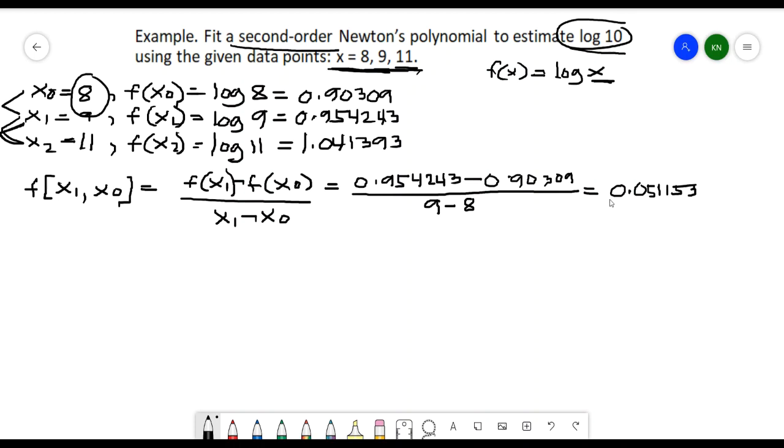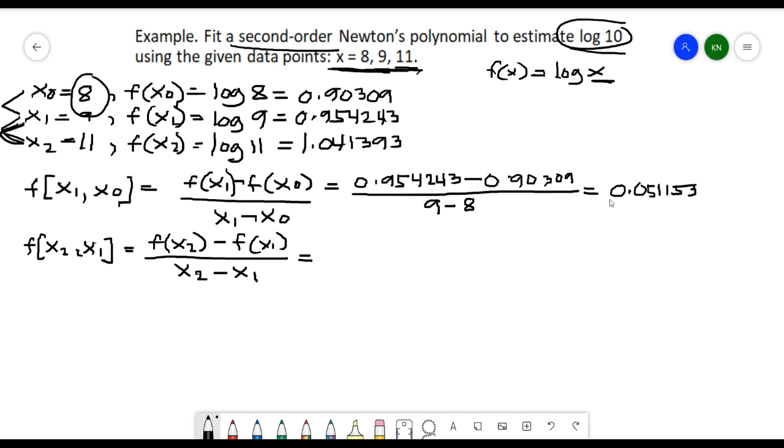Next, after getting that, we also need to find the first divided difference of x sub 2 and x sub 1. So we need to solve for that one as well, using the same process. We have f of x sub 2 minus f of x sub 1, divided overall by x sub 2 minus x sub 1.